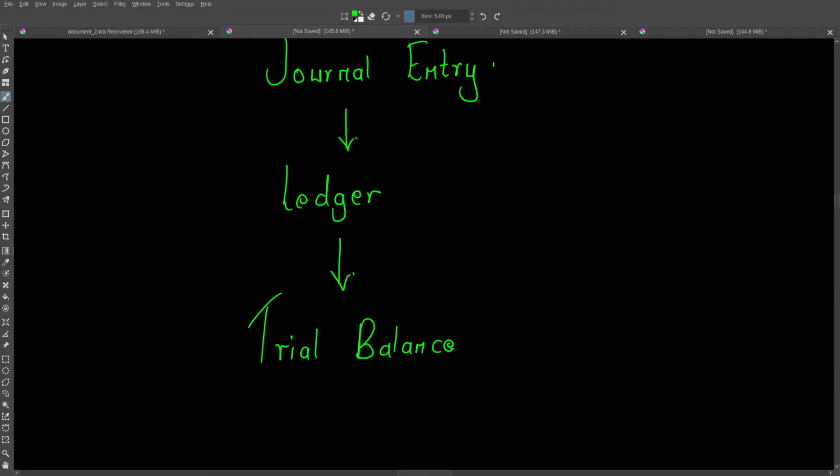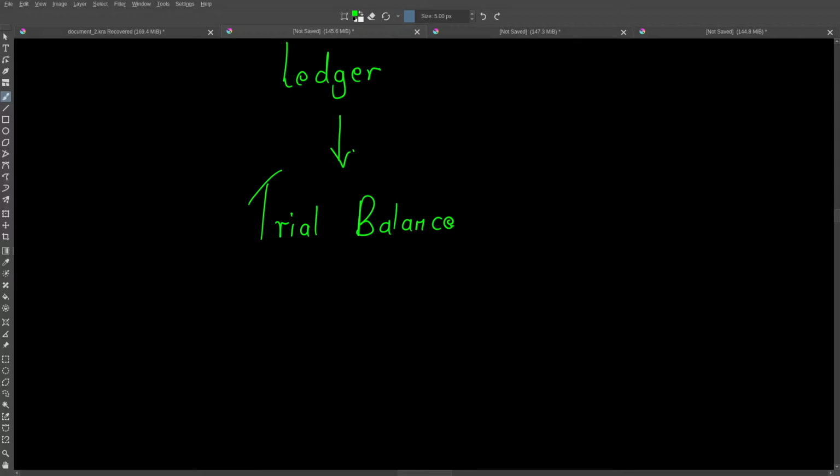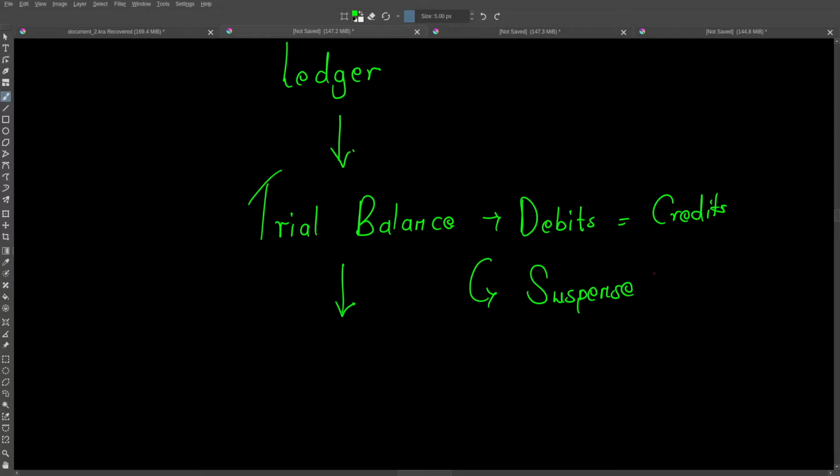The debits are usually equal to the credits. In case this is not the case, you pass this difference in a temporary account called the suspense account, till you understand what is causing this difference.